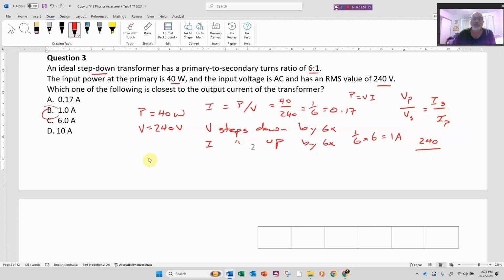Voltage in the secondary, because we step that down by 6:1, goes from 240 divided by 6, which is equal to 40. So that's 240 over 40 equals I secondary, which we don't know, over I in the primary, which we said was 0.17. So I in the secondary is 1 amp. So that's why it's that one.